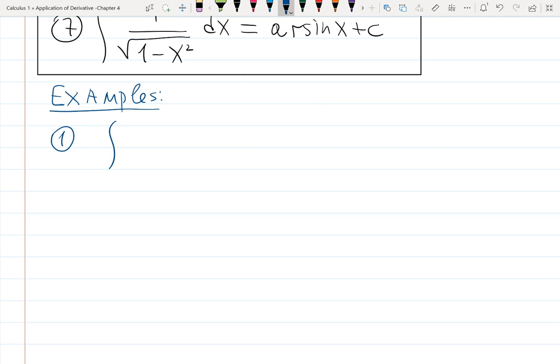Integral of x raised to the negative 1/7 minus 3x squared plus 9 plus 1 over x dx. Don't forget dx.